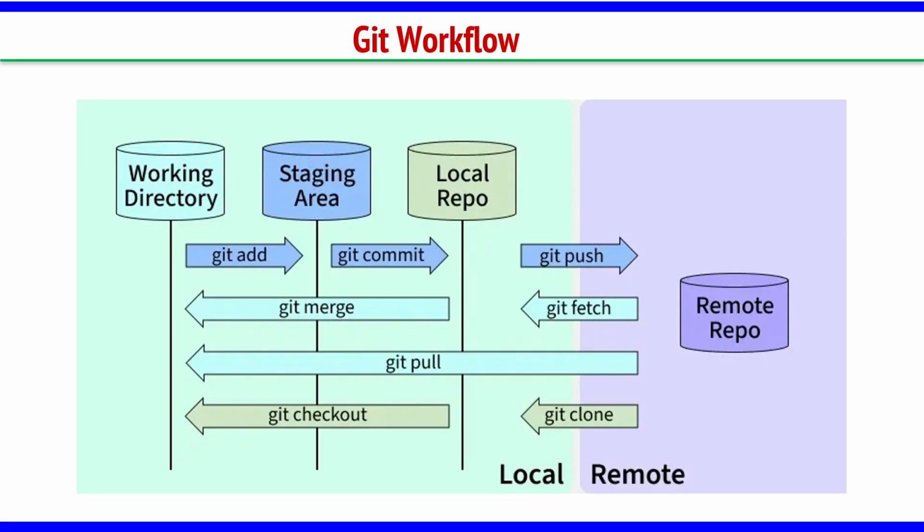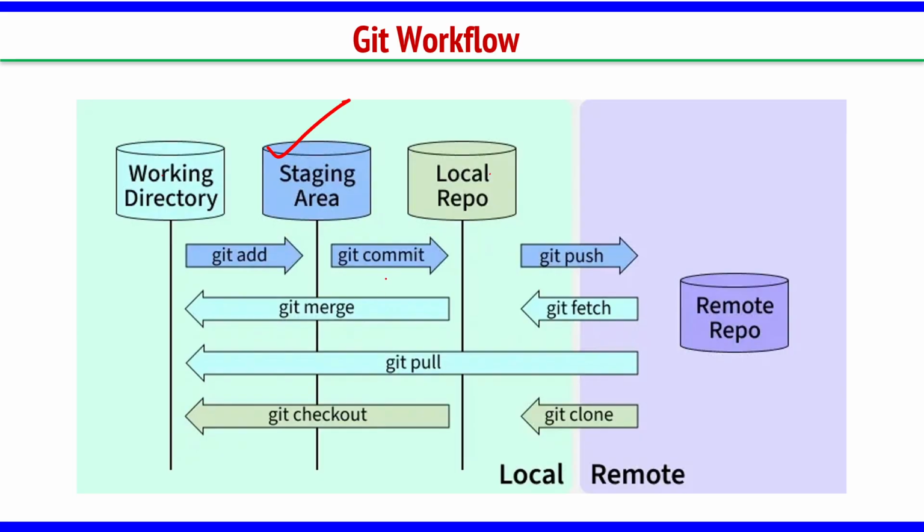So this is where Git comes into the picture. From the staging area, the code is now sent to the local repository. This is where Git is storing the code, and for that you use the git commit command. Git commit brings that code from your working directory to the local repository via the staging area.